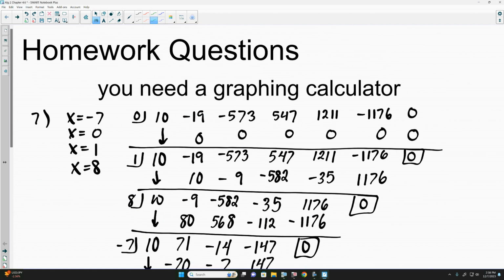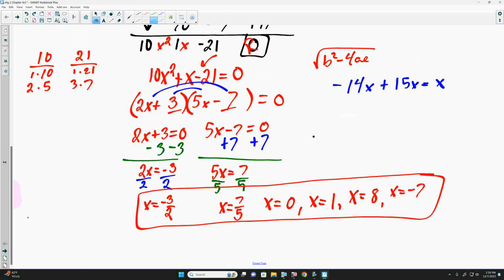Yes? That's 7. So just put the answers right there, or you can put the extra work on a separate sheet of paper. Let's go through the work, and if we do, at the end, we'll go to another one.